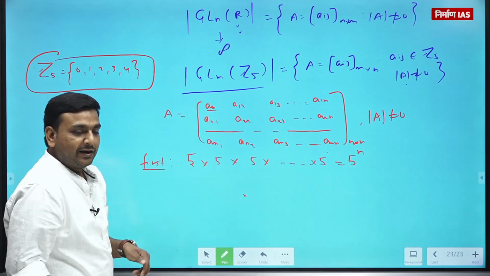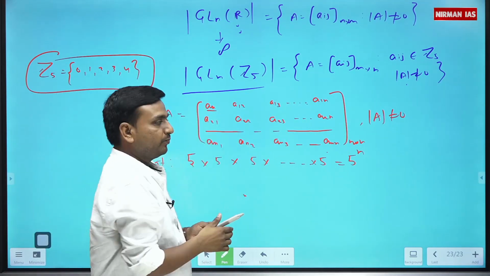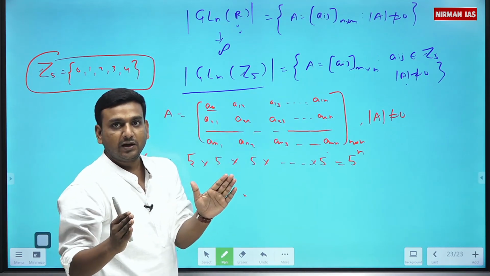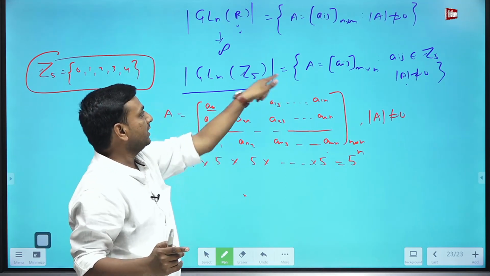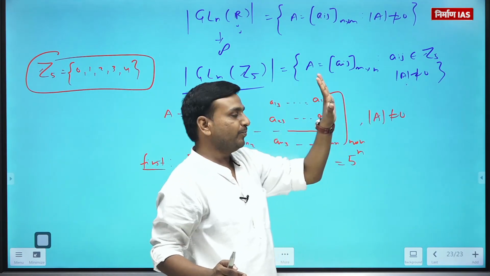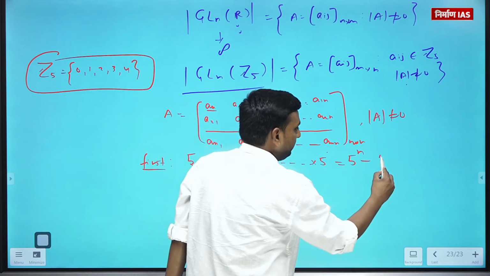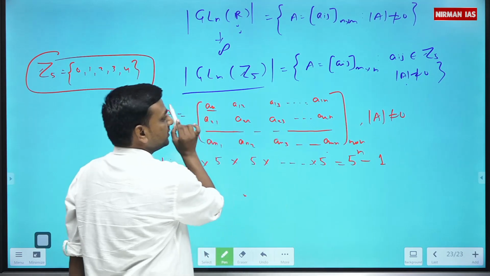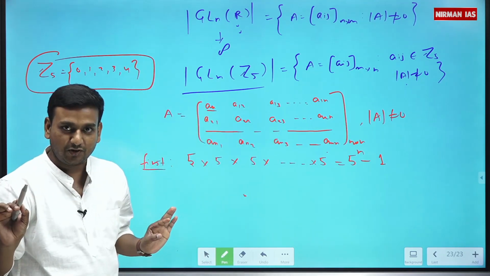But if each of these entries becomes 0, then the determinant of this A will be 0. In that case, this A will no longer be in this collection, because in this collection we have matrices with non-zero determinant. So in the total cases, I have to remove that one case where all these entries become 0. Is that clear? Any doubt?